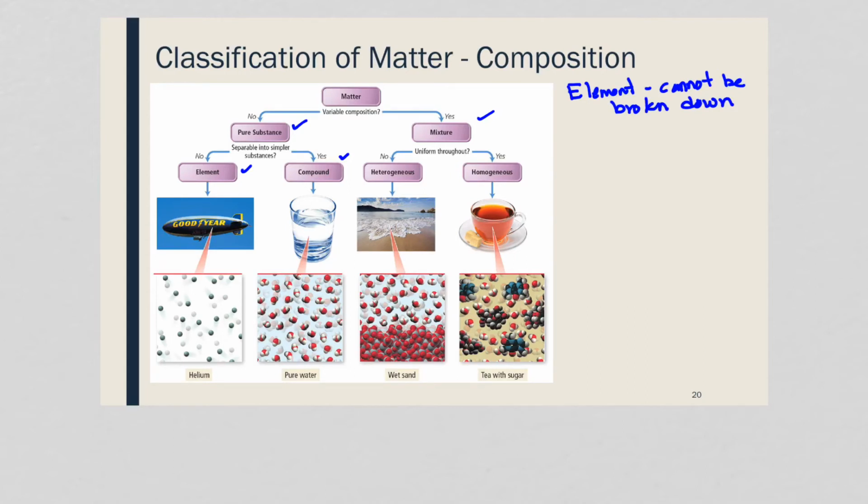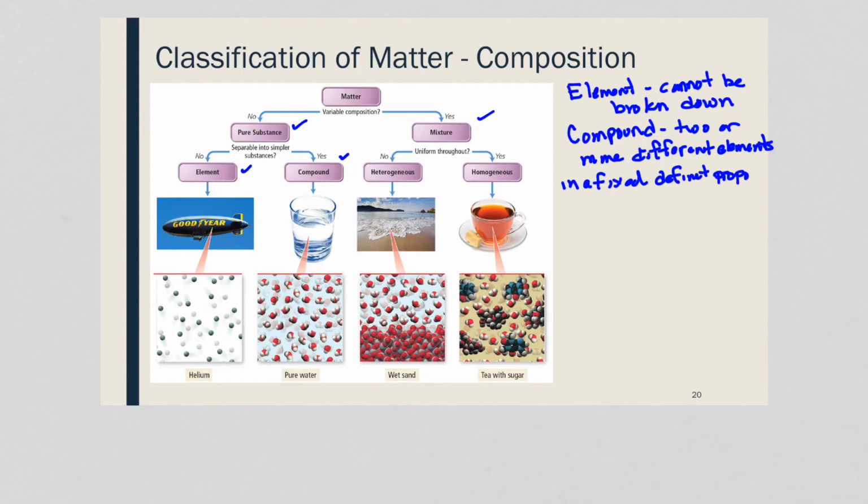Whereas a compound, so I said we're going to define that. A compound contains two or more different elements in a fixed, definite proportion.